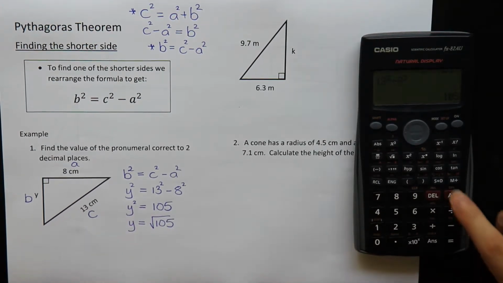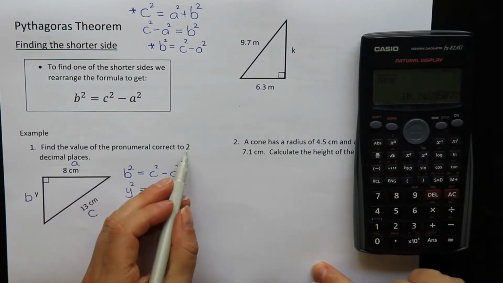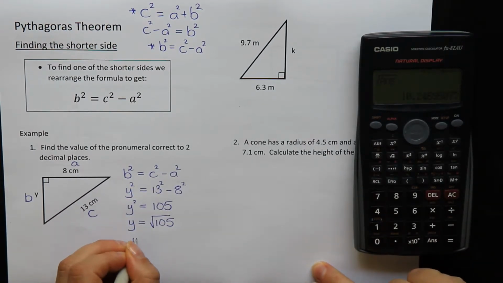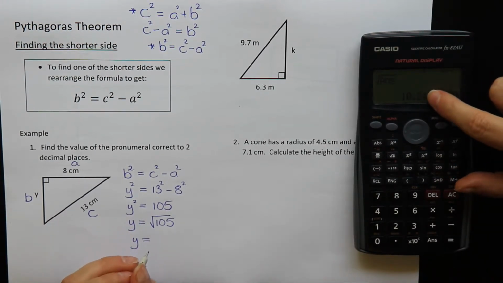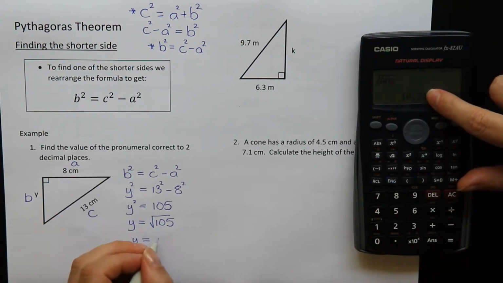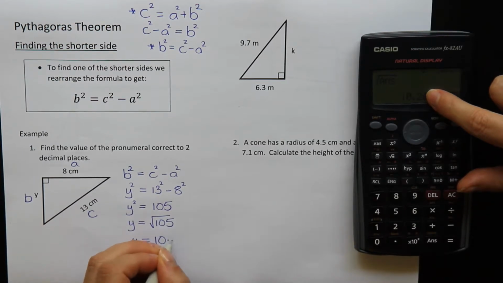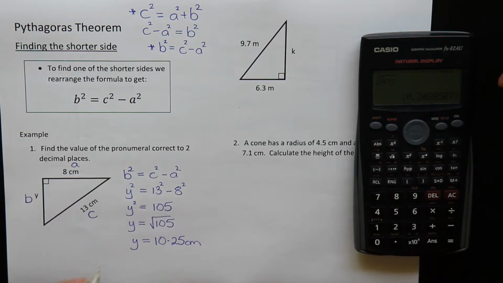And we use our calculator to square root 105 to 2 decimal places. 10.24 would be 2 decimal places, but because my next number is a 6, I will round that up to be a 5. 10.25 centimeters is the length of y.